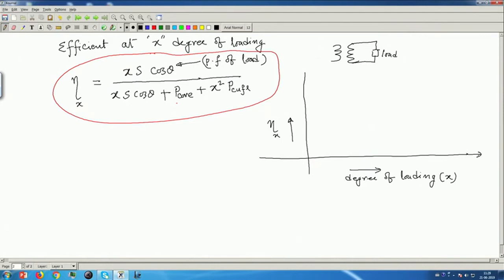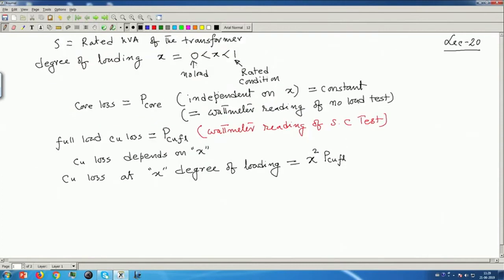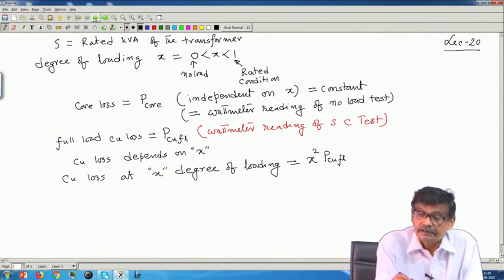What is the domain of x? x equal to 0 corresponds to no load, and x equal to 1 corresponds to rated condition, that is, coils carrying rated current.